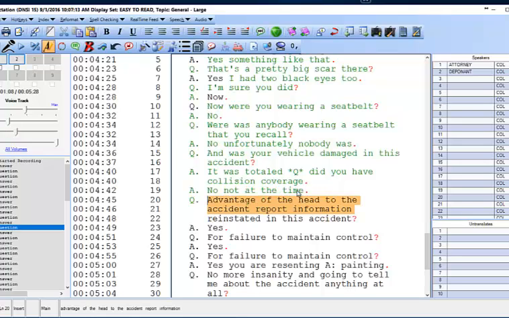I'd like to jump ahead to the accident report if I may.